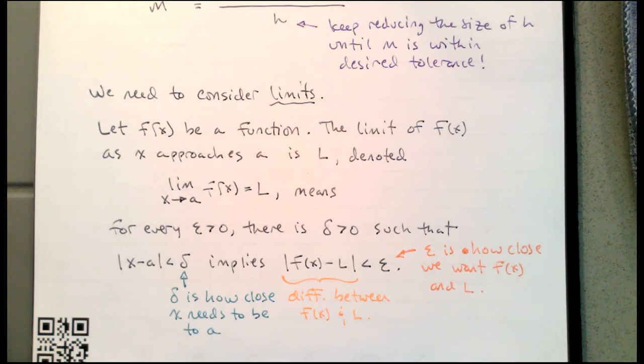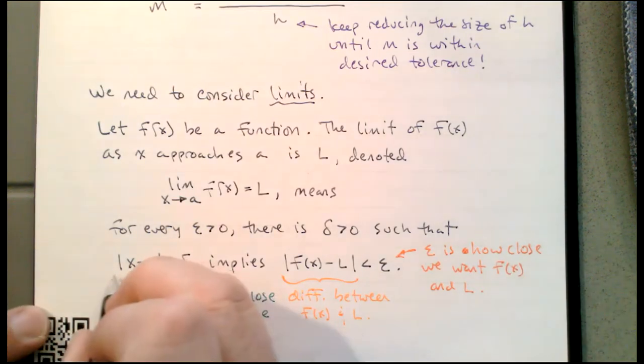If you can specify any tolerance, epsilon, and we can figure out how close x needs to be to A to guarantee that you'll be within epsilon of L. Over here is the difference.